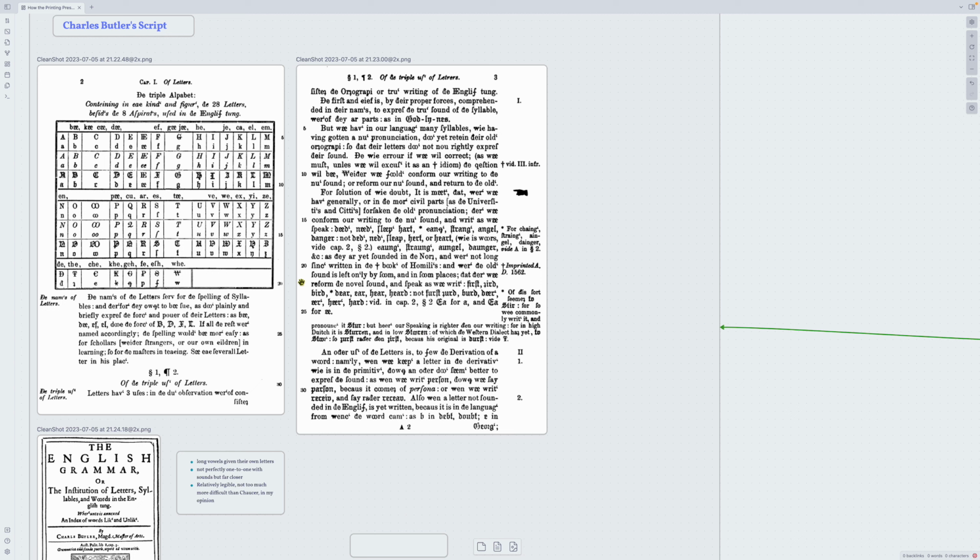But basically, he was trying to revise it, and there were people trying to do things like this that were pushing against the embracing of this reduced alphabet inventory. As you can see, we have in our language many syllables which, having gotten a new pronunciation, do yet retain their old orthography, for that their letters do not now rightly express their sound.